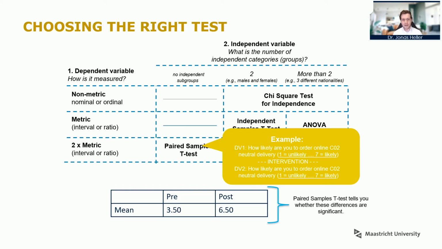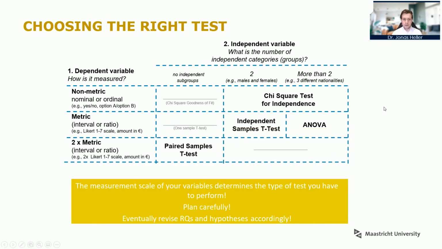And the paired sample t-test tells you whether the differences between the pre and the post-measure are significant. You could also use a paired sample t-test to compare differences in two different metric variables if you don't have any independent groups.